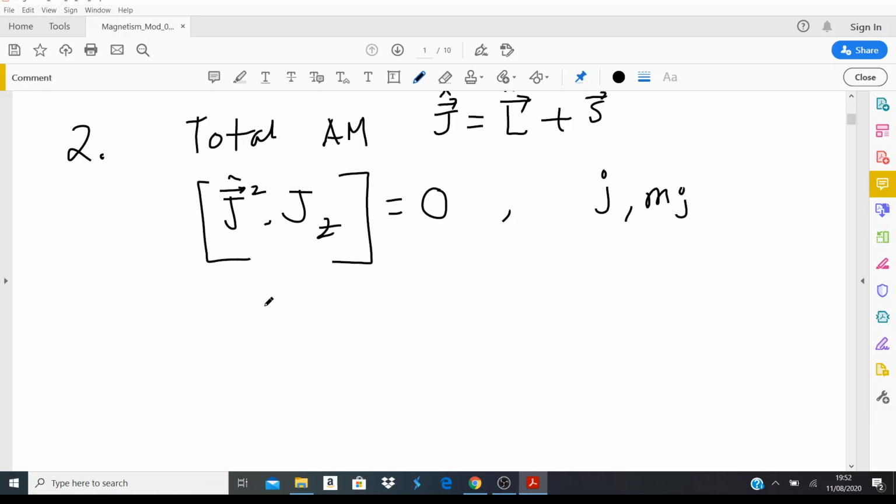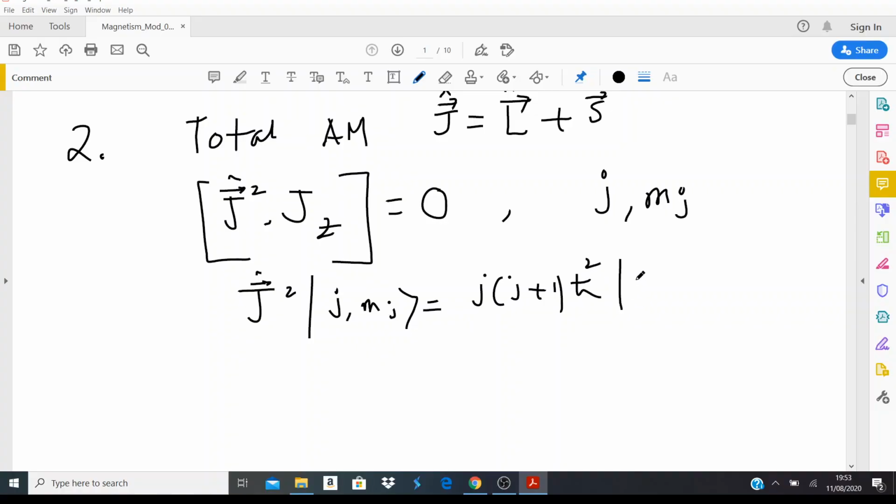And also recall that the J squared operator, when it acts on some state with j, mj quantum numbers, will produce nothing but j(j+1) h bar squared times the state itself, right?